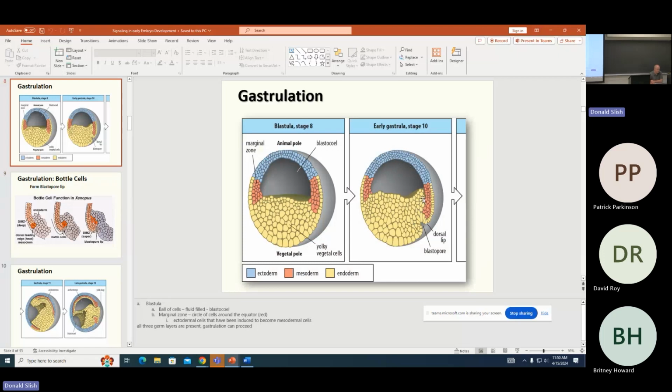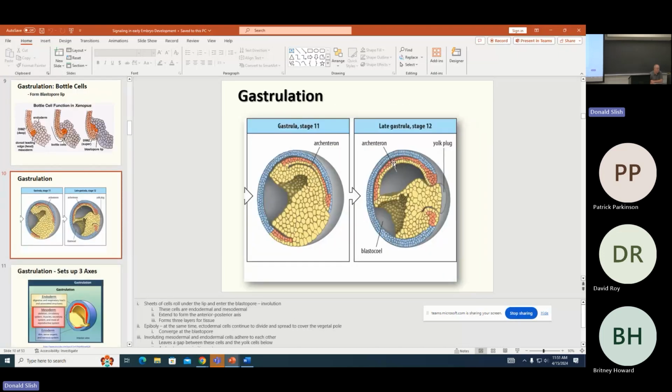So these cells are coming in, and mesodermal and endodermal cells are going to crawl around that blastocele. And here we are. Cells come in, and you've got 3 layers here, ectoderm, mesoderm, and endoderm coming up. And notice you've got a gap here in the middle of the endodermal cells. And that's the archenteron. So the archenteron is the primitive gut.